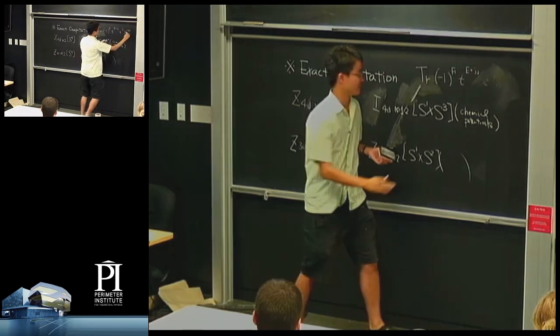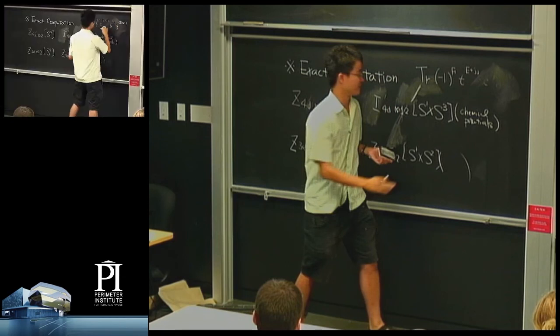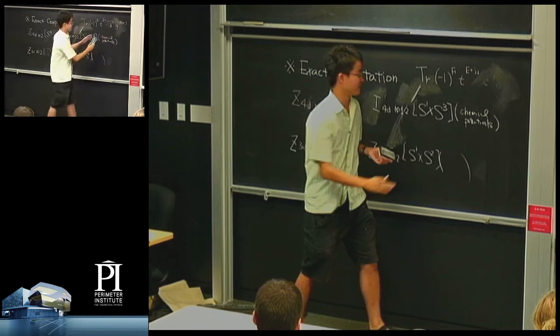But anyway, the details don't matter too much. If you like, I can write the formula, but the formulas are not important. It's just that there are spins, energy, R charges. There's going to be, for example, a chemical potential for the n equal 2 superconformal index.